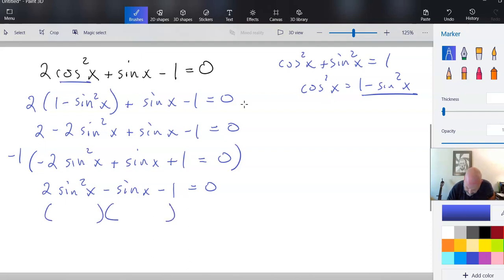So when I factor these, I see that I have a 2 sine squared. Now, the only way I could have a 2 sine squared is if I have 2 sine x times sine x. That's the first thing that happens when I FOIL, right? When I distribute. Now the middle term, which is negative 1 here, needs to be this times this plus this times this. So it's your inside and your outside terms.